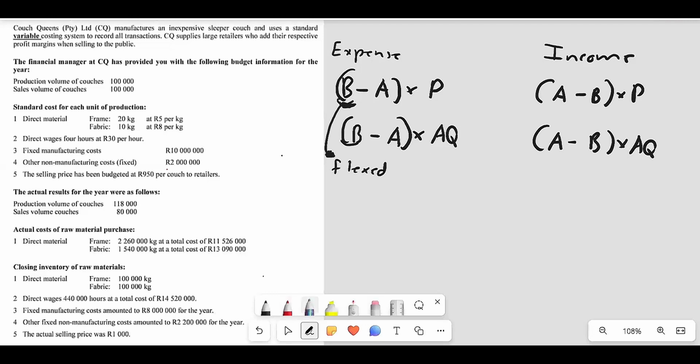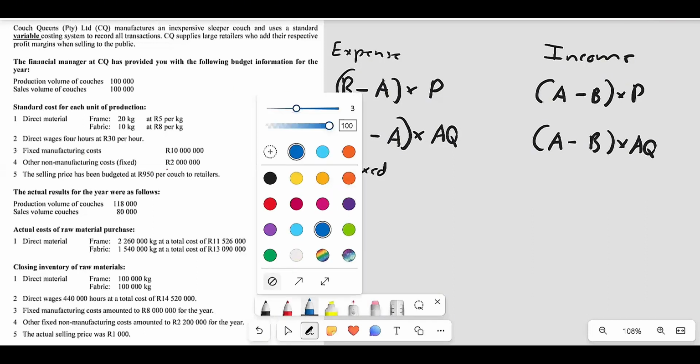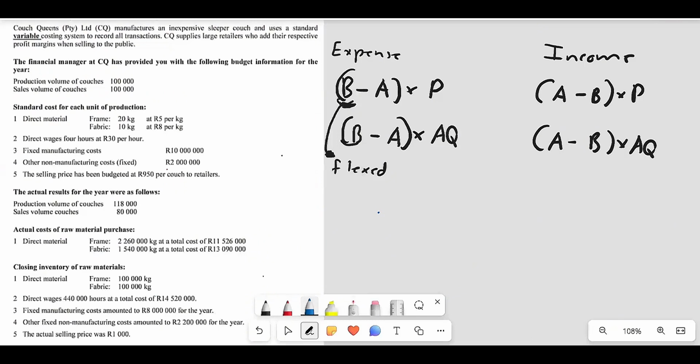Now, for example, let's say you are calculating volume variance.